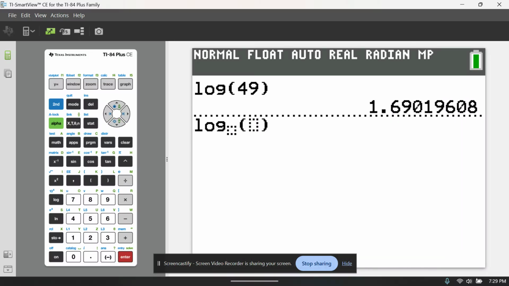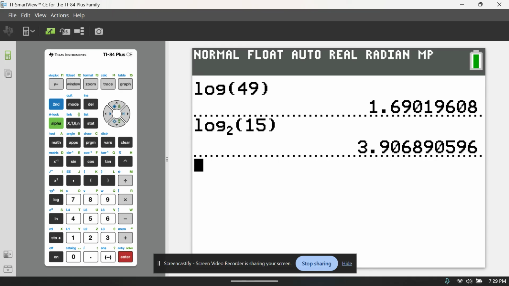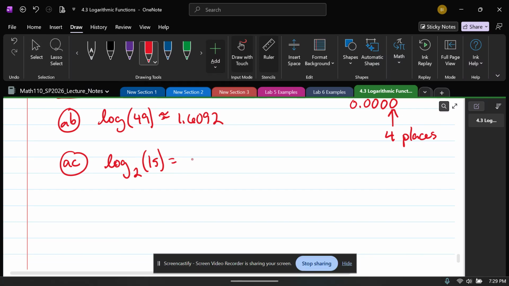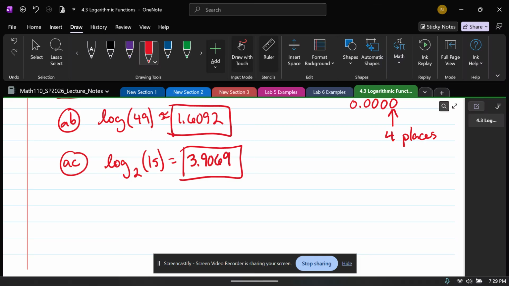Hit enter, and it puts little boxes there. So you just got to fill in the boxes. 2, 15. Go 4 decimal places, so it'd be 3.9069.